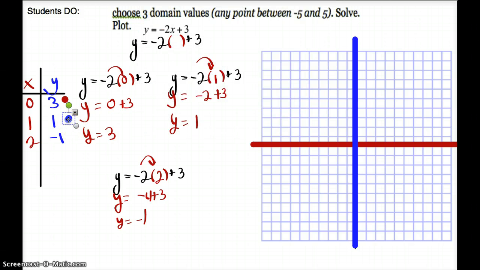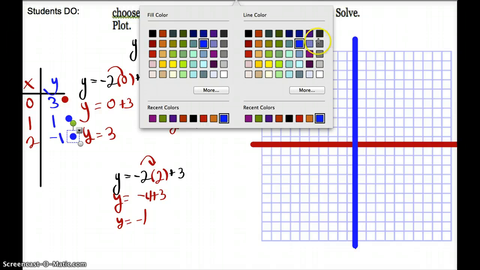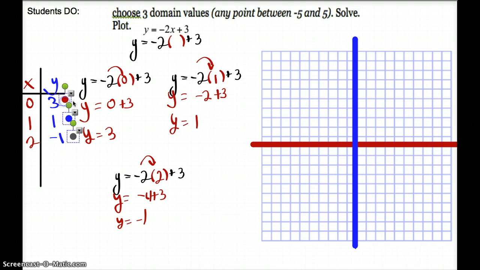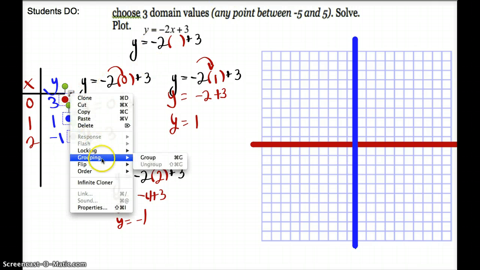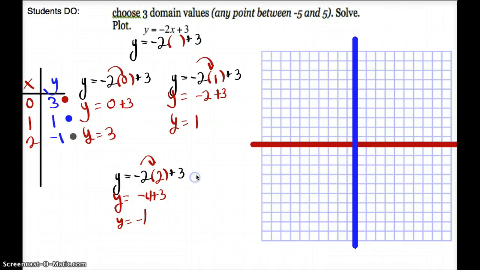And last but not least, we'll do one more in gray. Okay, so I got 3 points that I have to plot. Let's count them out. So the first one is 0, 3. If I'm here at 0, I don't go to 1, I don't go to -1, I go to 3. 1, 2, 3.